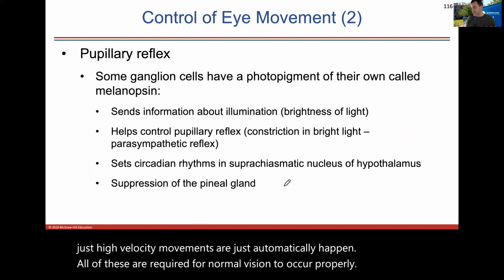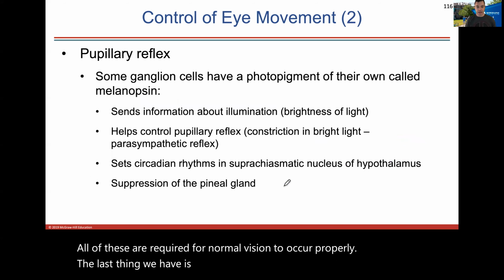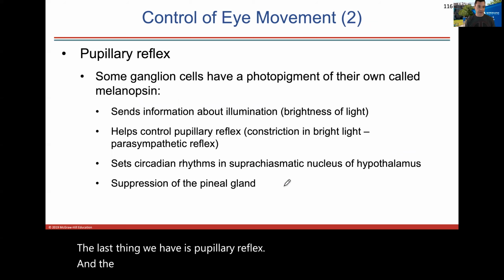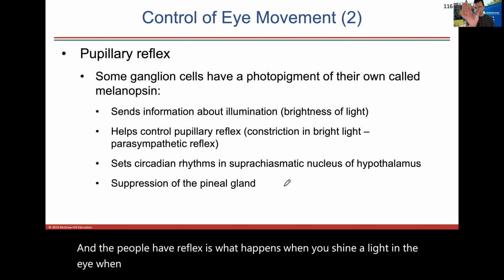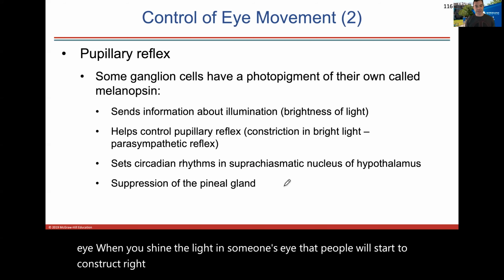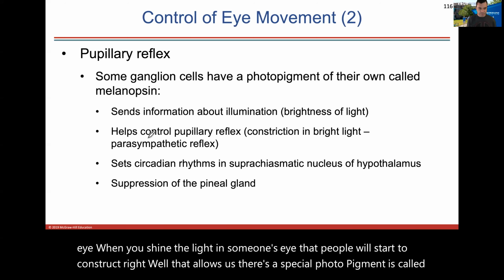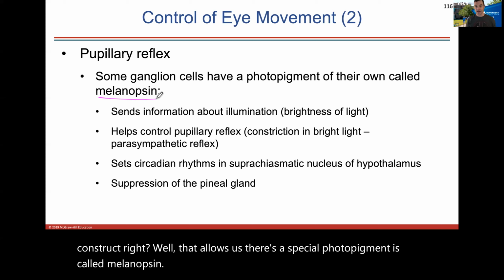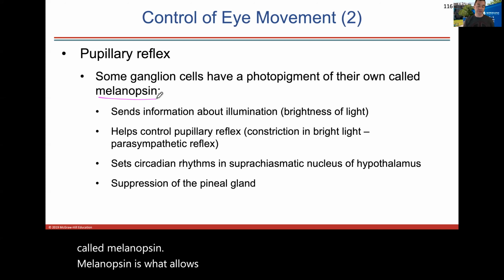The last thing we have is the pupillary reflex. The pupillary reflex is what happens when you shine a light in the eye. When you shine the light in someone's eye, that pupil starts to constrict, right? There's a special photopigment called melanopsin. Melanopsin is what allows the pupillary reflex to happen.